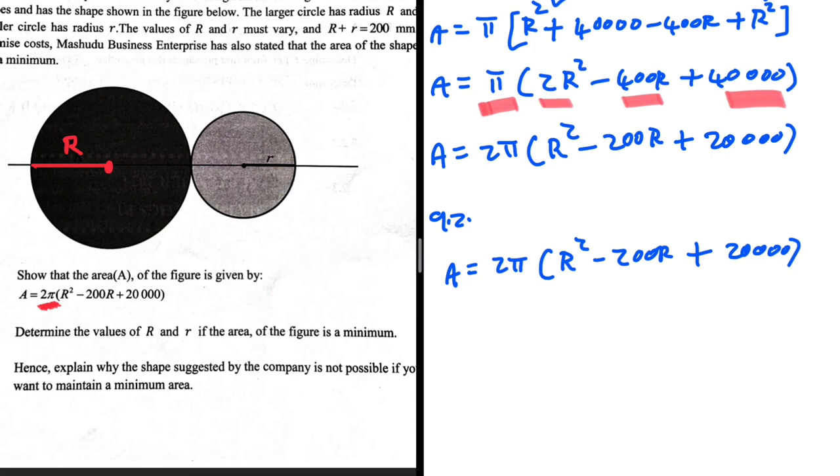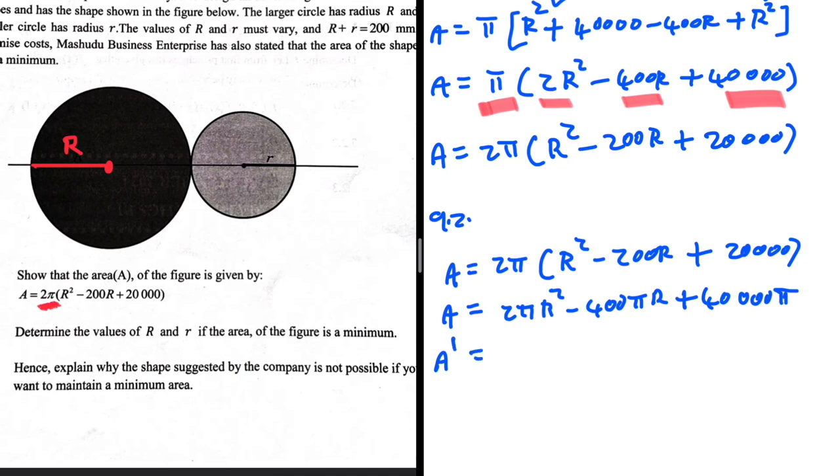We want this to be a minimum. So obviously we're going to differentiate and equate to 0. So when we multiply out with 2 pi, we get 2 pi R squared. We are moving backwards now essentially. Minus 400 pi R plus 40,000 pi. Okay, now we can differentiate.